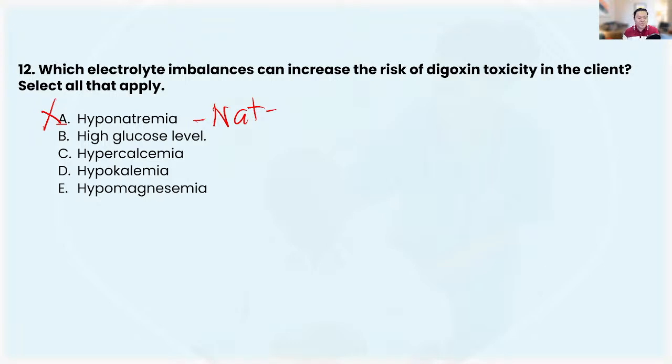Now, what about letter B? High glucose level. Do you think that it will directly cause a significant effect on the potassium? Well, no. So this is going to be a wrong answer. High glucose level, which is basically hyperglycemia, does not contribute to the digoxin toxicity. It does not interact with digoxin.